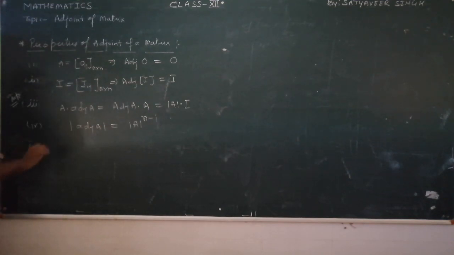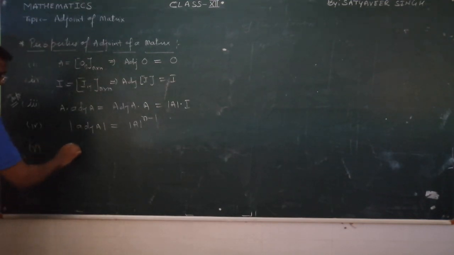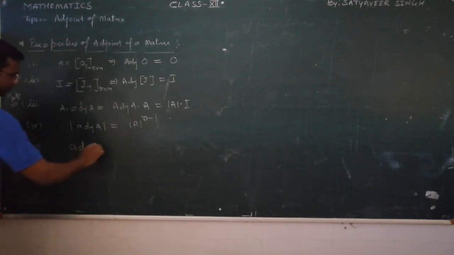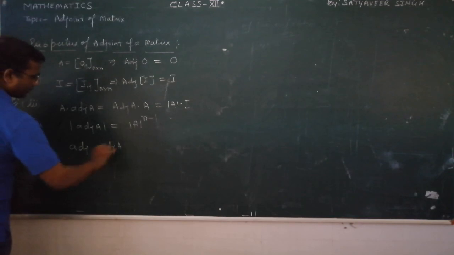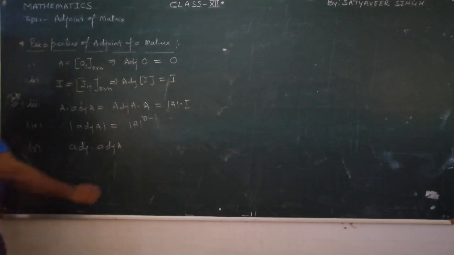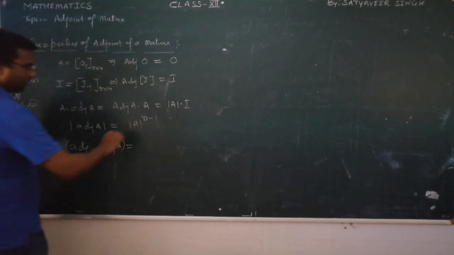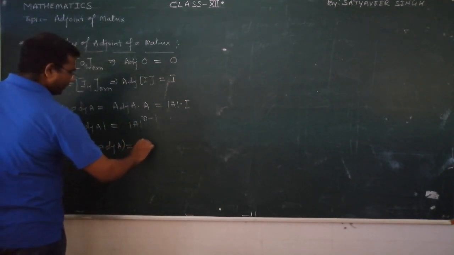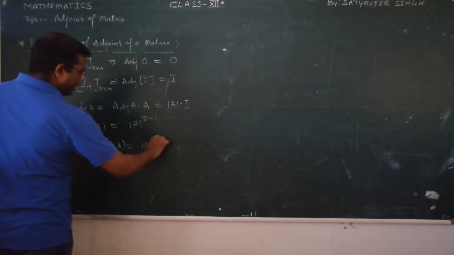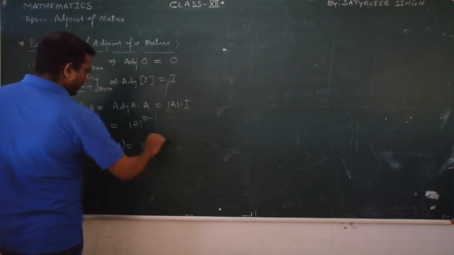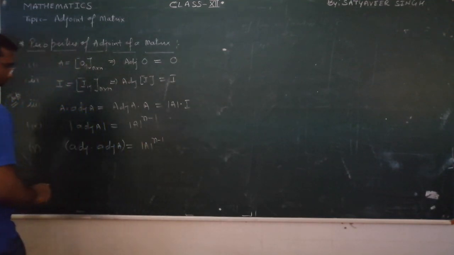Determinant of adjoint A is determinant of A to the power n minus 1.